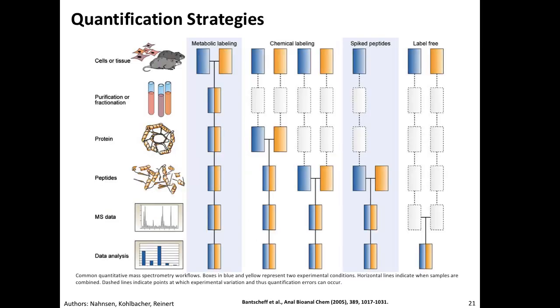This figure here, taken from a review, gives you some idea of what that really looks like. In metabolic labeling, you introduce these two labels, heavy or light, for simplicity's sake, early on already, and that can be in cell culture, but it can also be in small animals. And then you mix it already before you do the fractionation.